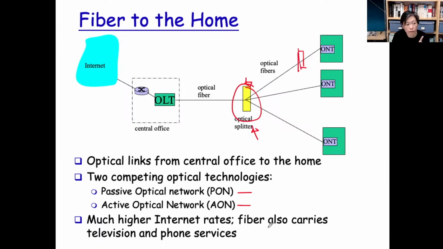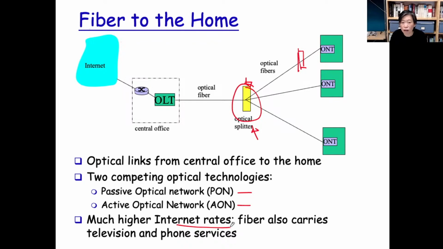Now, in FTTH, the downstream or upstream bandwidth varies, but essentially the maximum capacity is much higher than the cable modem network and the DSL network. In Taipei, it's very typical to subscribe to services with a downlink of 100 megabits per second and an uplink of 40 megabits per second.